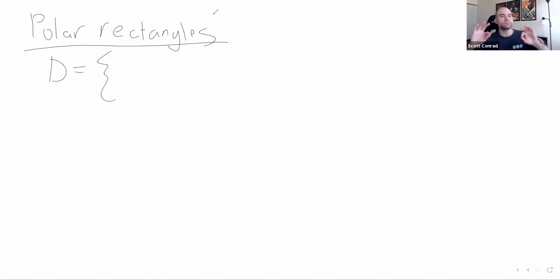So in rectangular coordinates, a rectangle in R2 is just the set of points x, y, where x lies between a and b, two numbers, and y lies between c and d, two numbers. So in rectangular coordinates, it's a rectangle if both coordinates lie between numbers. Same thing is true in polar coordinates, except we're going to get a different type of figure.